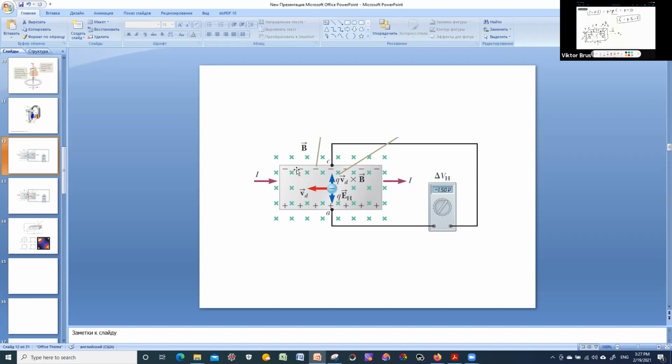So this deflection and increase of negative and positive space charges at the opposite edges of the conductor will continue until the magnetic force is compensated by the electric force. They are in opposite directions, and once they are compensated, charge carriers will continue to move straight without any deflection. However, there will be some built-in internal electric field, the Hall field, because of the influence of the magnetic field.